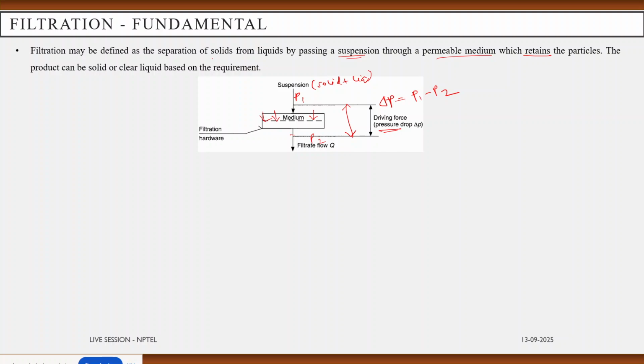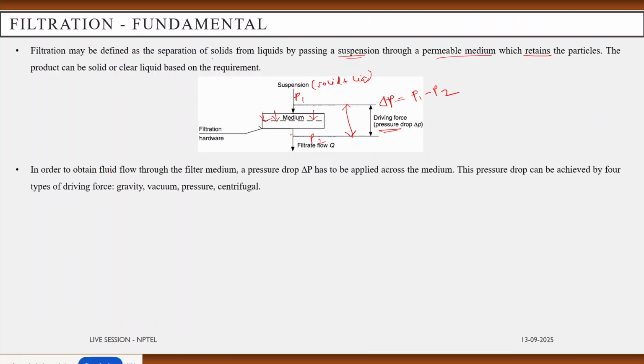Now, depending upon the filtration equipment that you are using, there are various driving forces for filtration. We will discuss them one by one. There are many different designs of filtration equipment, and this fundamental concept applies everywhere, but the force acting for separation of solid from liquid differs from equipment to equipment.